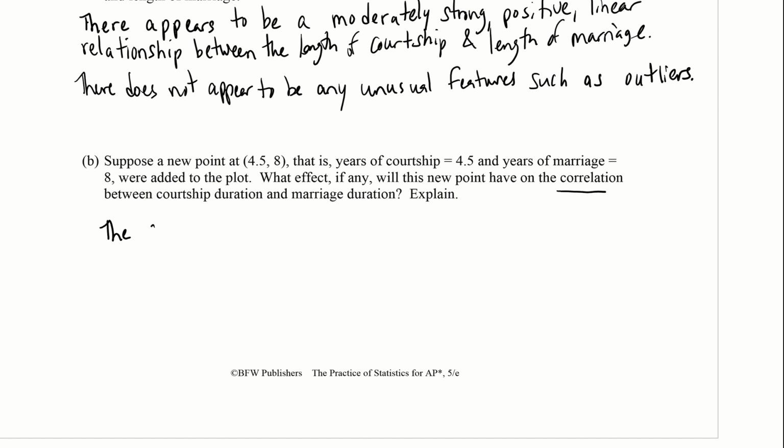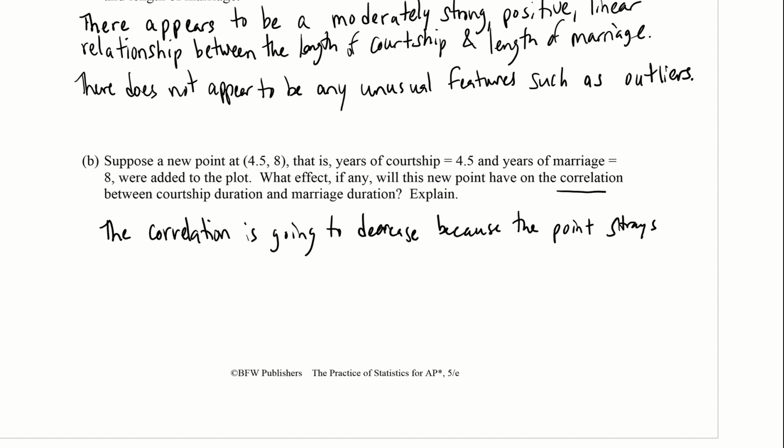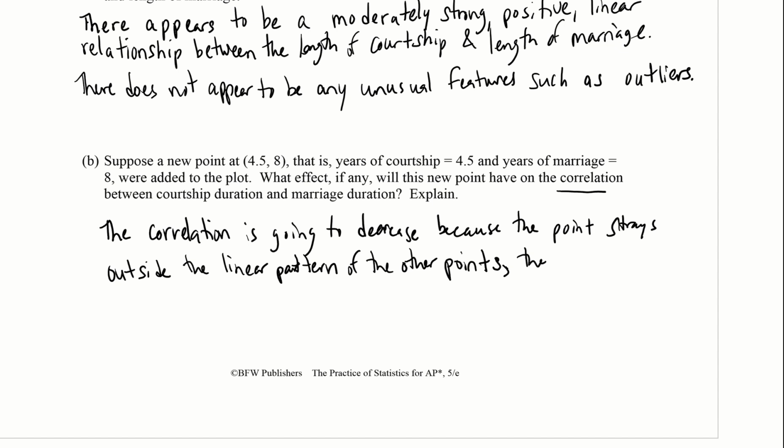So the correlation is going to decrease because the point strays outside the linear pattern of the other points, thereby weakening the association between the two variables.